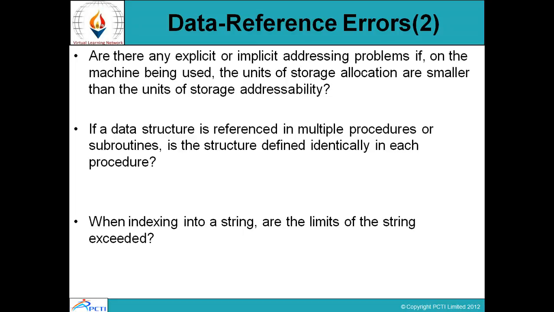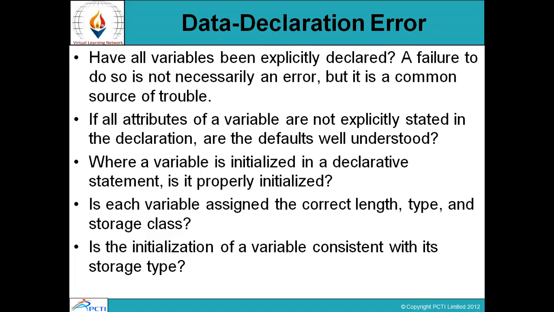When indexing into a string, is the limit of the string exceeded? So these are the kinds of data reference errors, because the data is referenced in different procedures or subroutines, which can be a small module or function. This kind of error can sometimes create problems, either implicitly or explicitly.